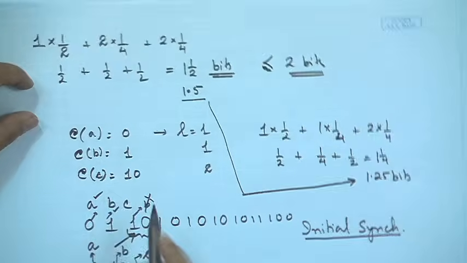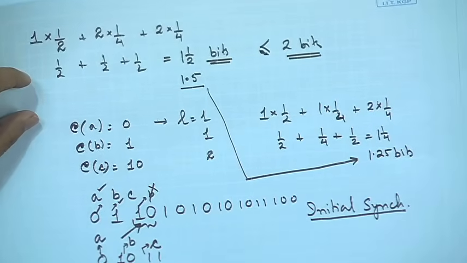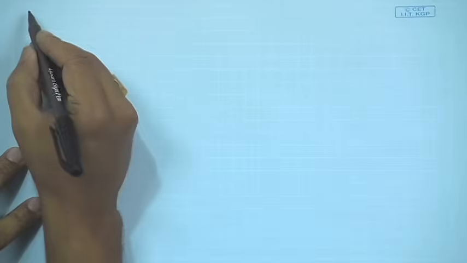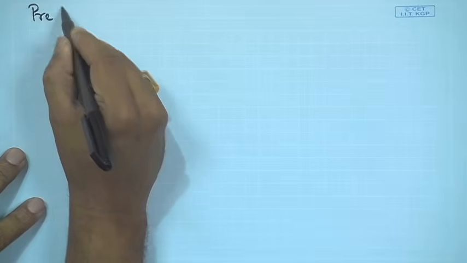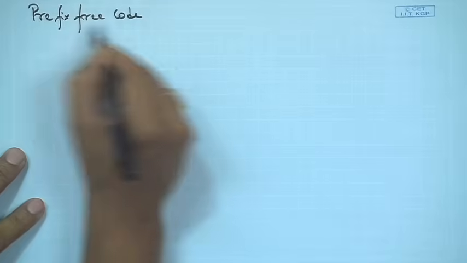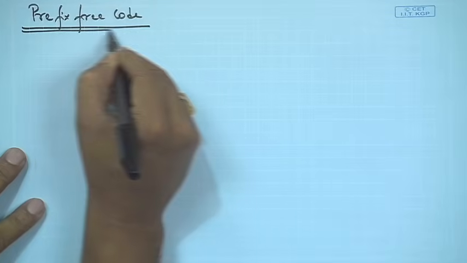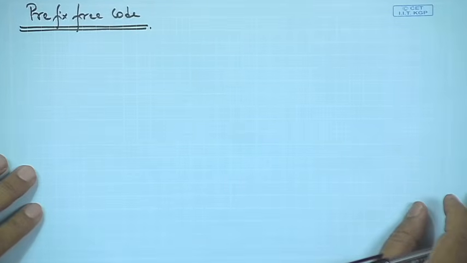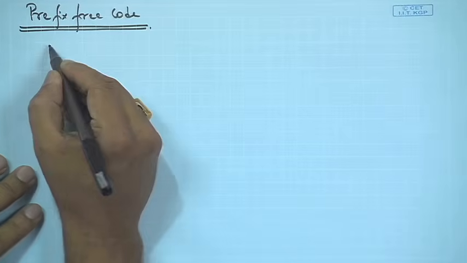So, not only this, as we just mentioned about the prefix-free condition, here this is a prefix of another code word. So, we need to now go into the definition of prefix-free code. By a prefix-free code, we have to first define a prefix.